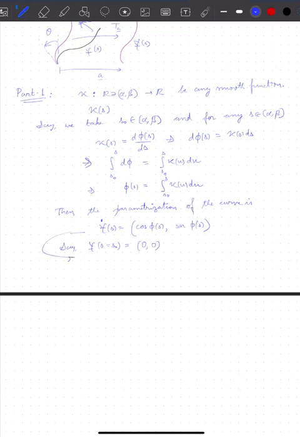Then what we do is we integrate gamma dot with respect to S. So then this gives us the integral from S naught to S of gamma dot, which is just d gamma by dt, into dt, is equal to the integral from S naught to S of cosine phi of t dt, comma the integral from S naught to S of sine phi of t dt.